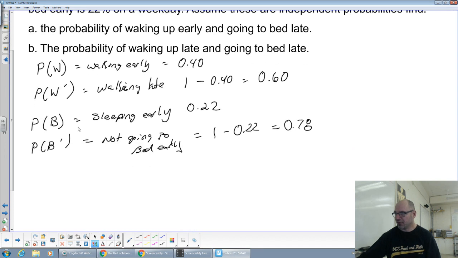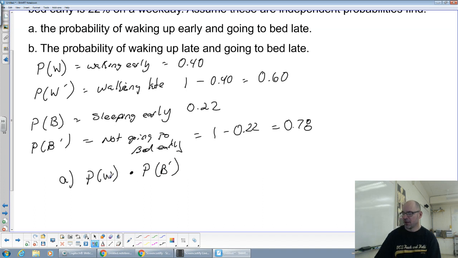Okay, so question A is asking us the probability of waking up early and going to bed late. Going to bed late is this one. Because they're independent, we just multiply the probabilities. So 0.40 times 0.78.